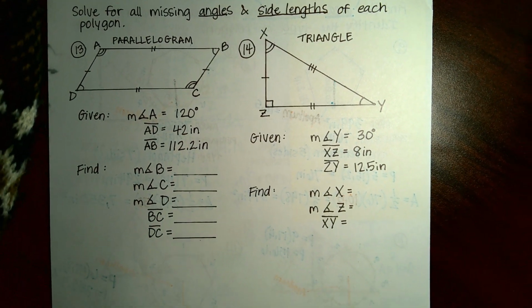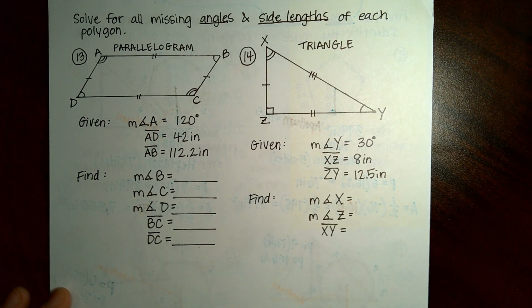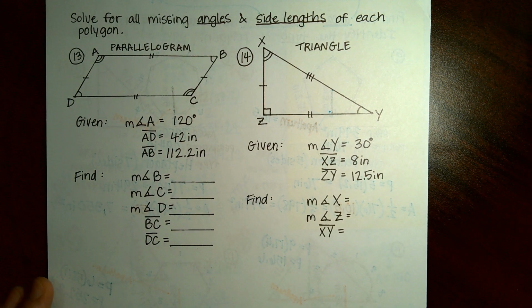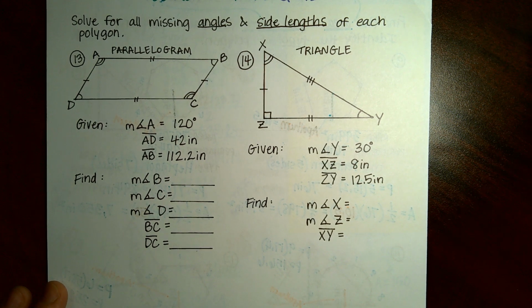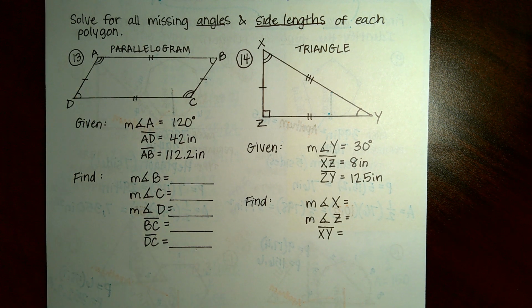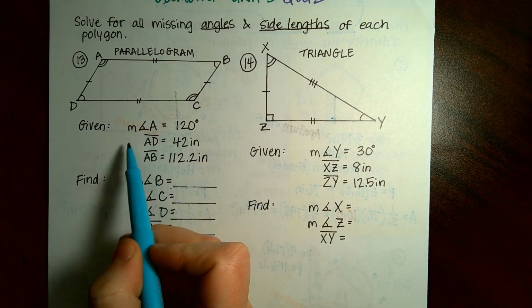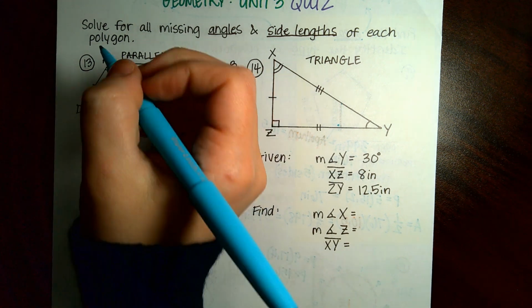Okay, let's look at our last page. 2 more questions here. Number 13, you're just identifying all of the different angles and side lengths. 14, we're doing the same, bringing the triangles back. My brain is not wanting to function. Okay, so let's mark the given angles and sides. We know that angle A is 120 degrees.